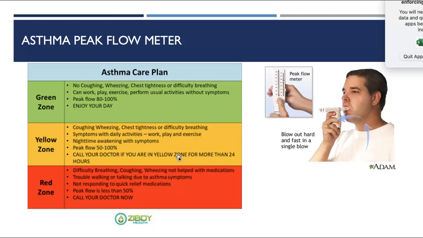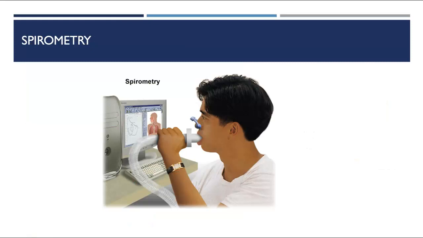This type of plan helps to keep people out of the hospital, and sometimes they can't tell that they are having troubles, and so the peak flow meter gives them a better idea of how exactly they're doing. So this image is an image of spirometry where they're testing for that.